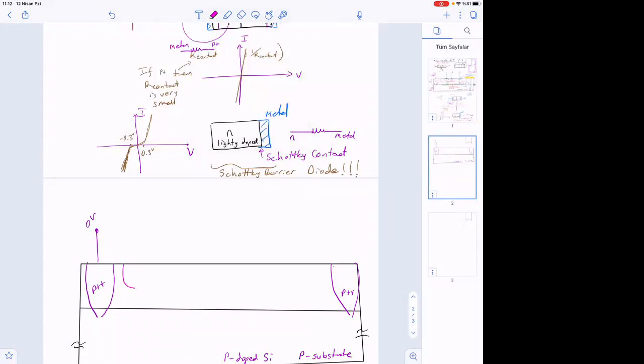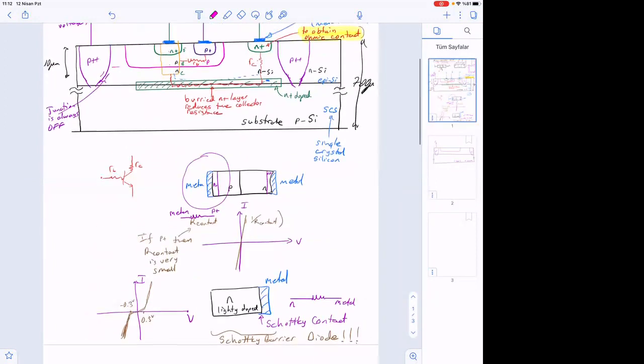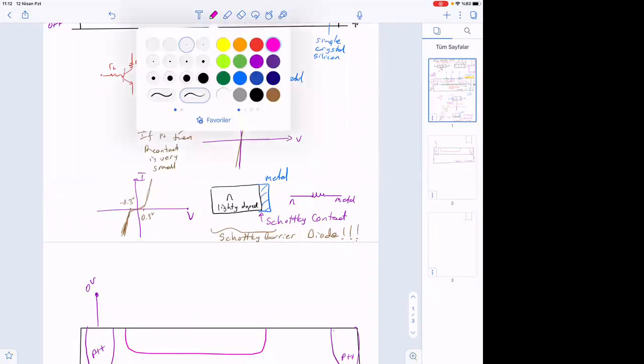Now I'll do something weird. Maybe this. Maybe even larger. Okay, and then we doped inside.